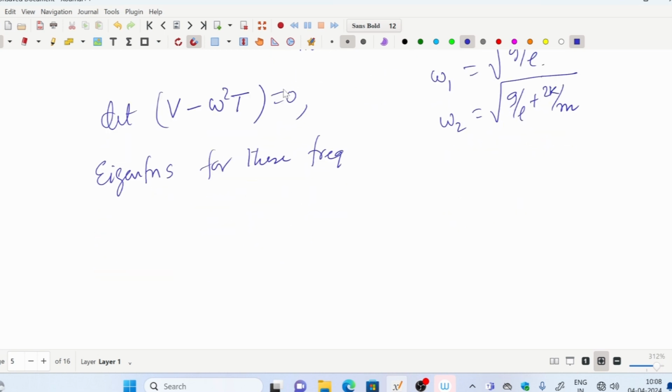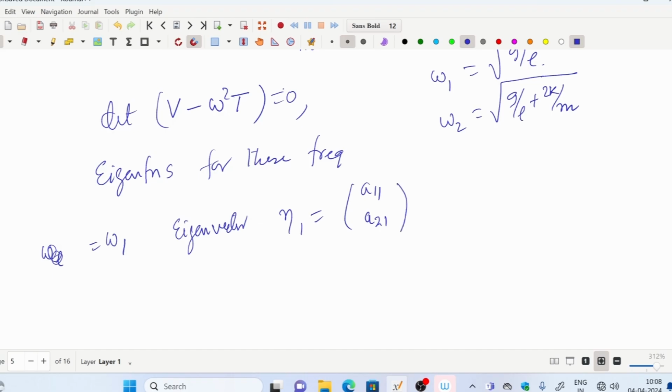Let us denote, for omega 1, the eigenvector eta 1 as a11 and a21.